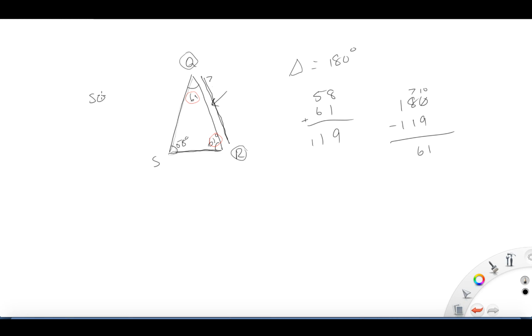So S and Q and S and R would be the exact same lengths, because from this 58 to here, this 58 to here provide this 61 and this 61 for that length. So here's our answer: side SQ and side SR.